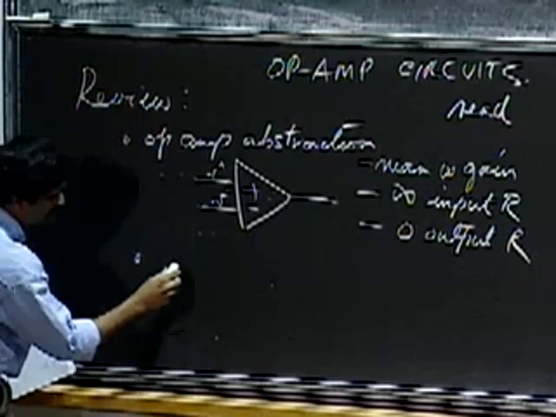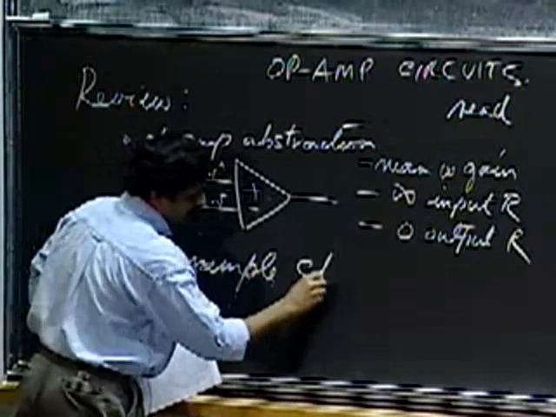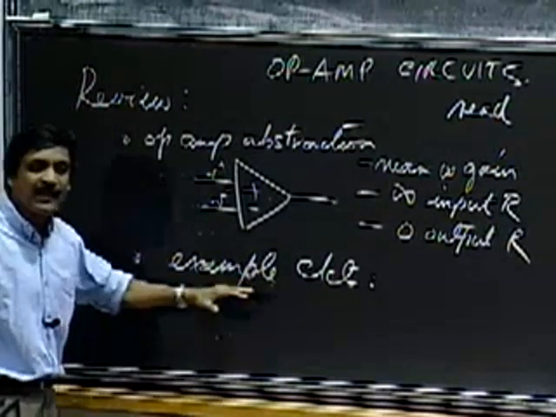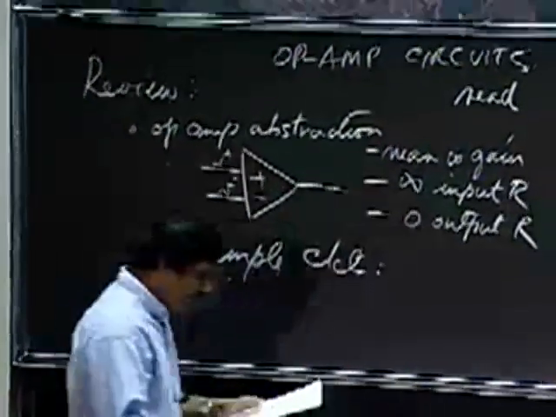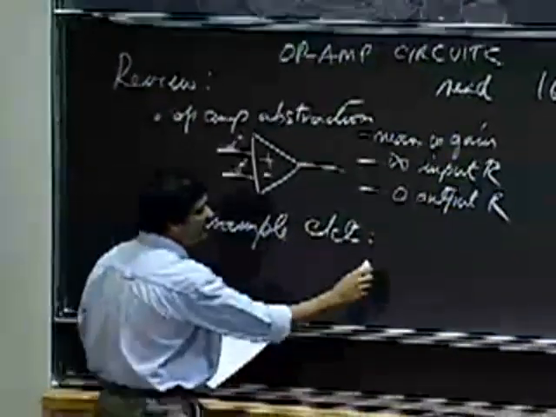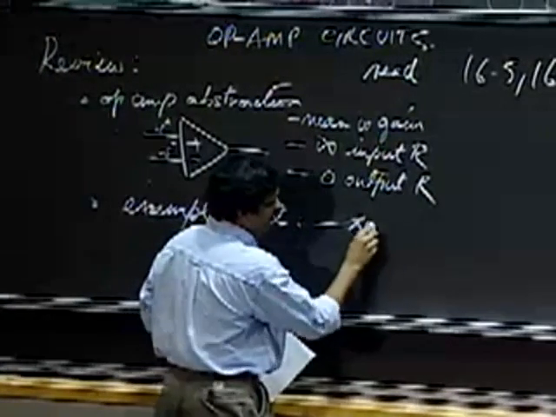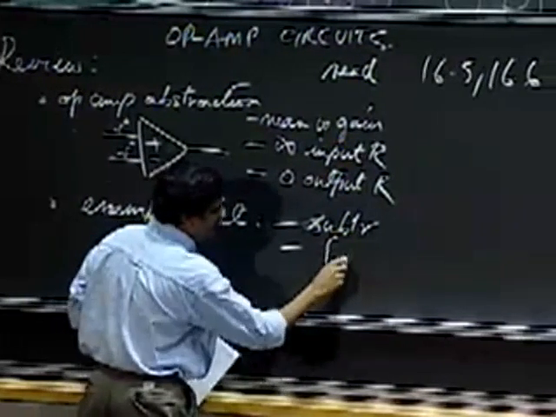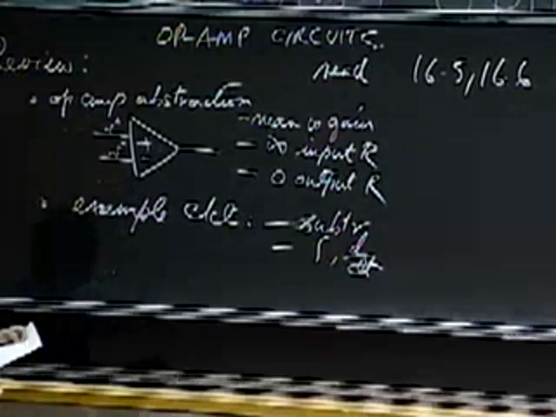In this course, you will see a whole bunch of example circuits using the op-amp. In today's lecture, you will see things like a subtractor. We'll also see integrators and a differentiator.